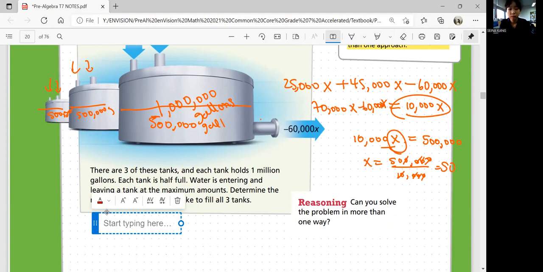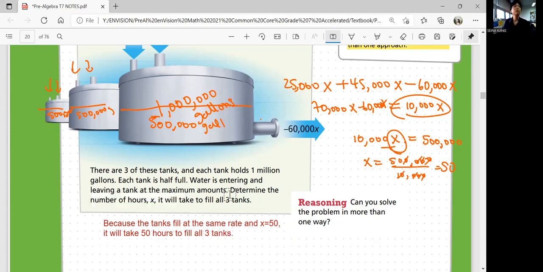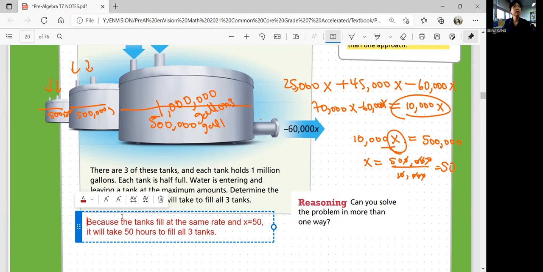So let's explain. Because the tanks fill at the same rate and x is equal to 50, it will take 50 hours to fill all 3 tanks is our answer.